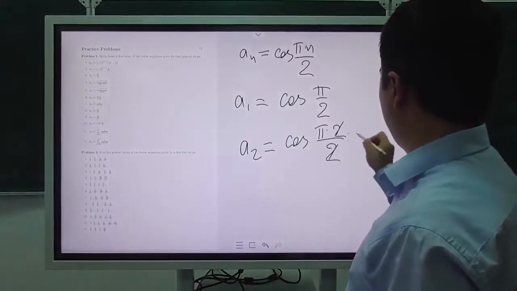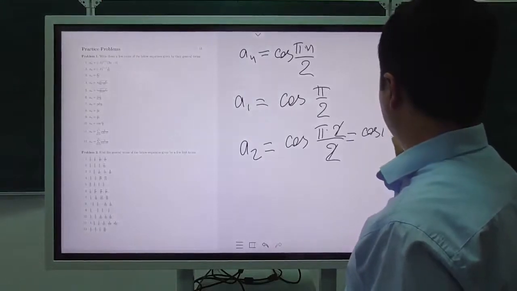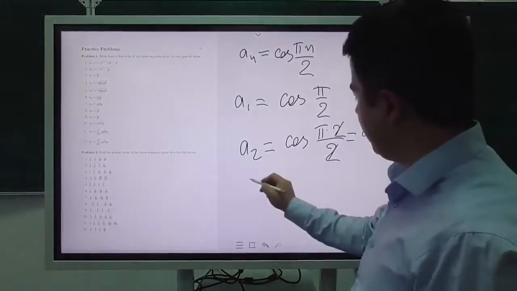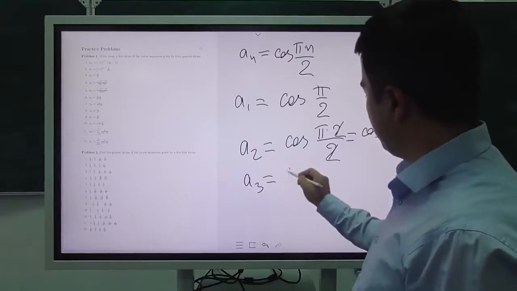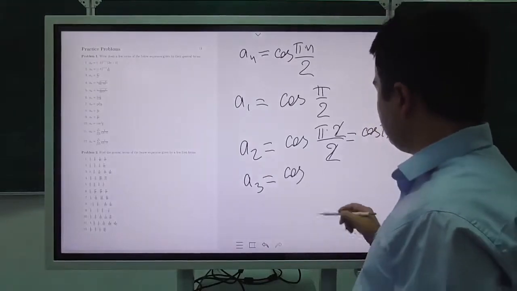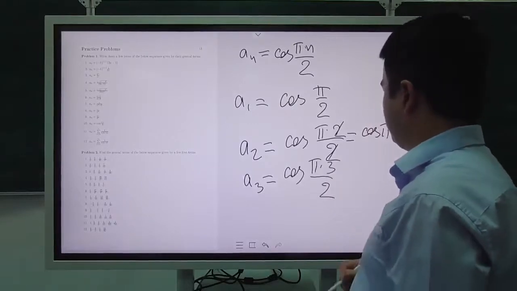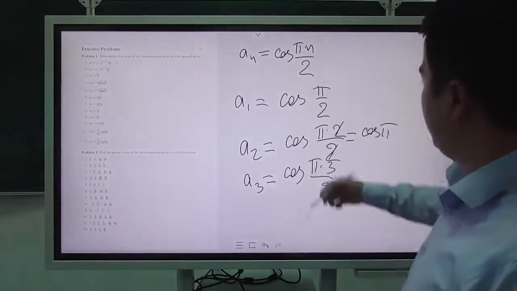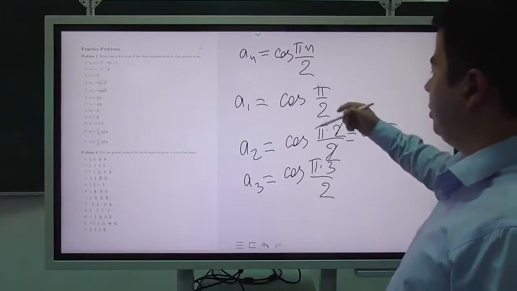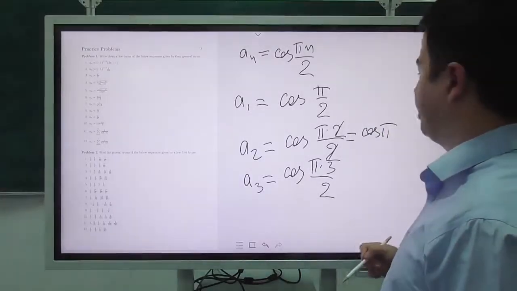We can cancel them and we have just cosine pi. And a3 is cosine pi times 3 over 2. And we can get the numerical values of this cosine function.